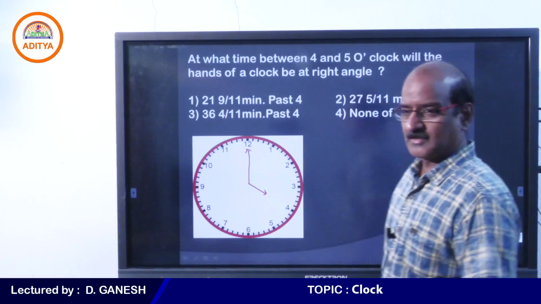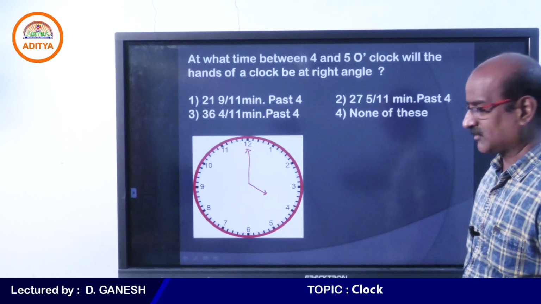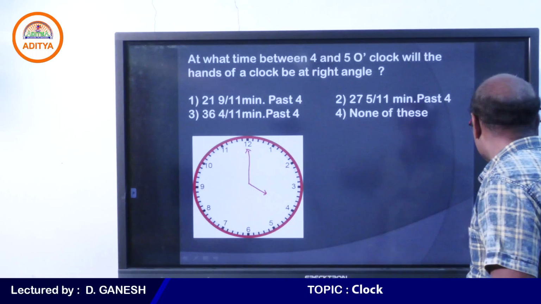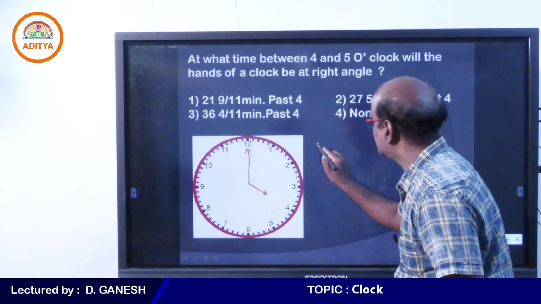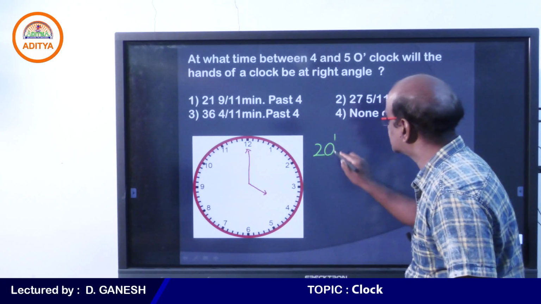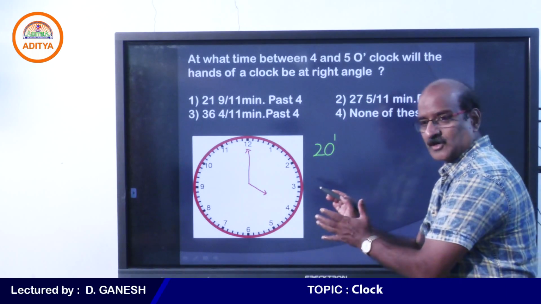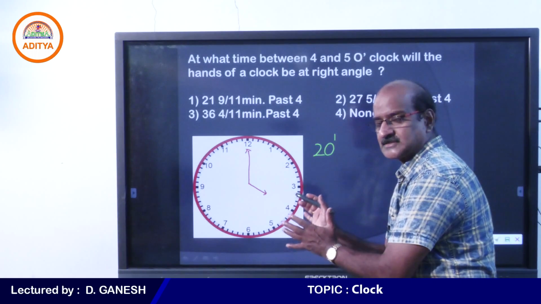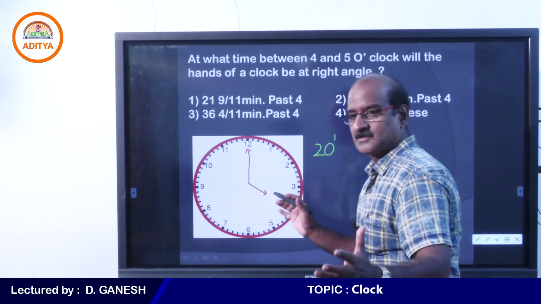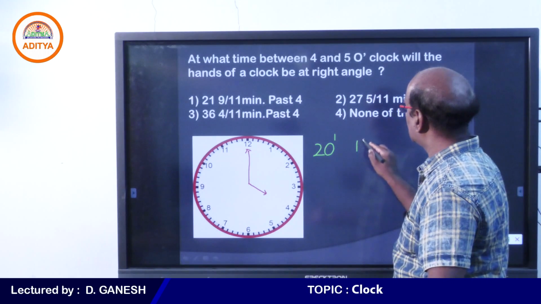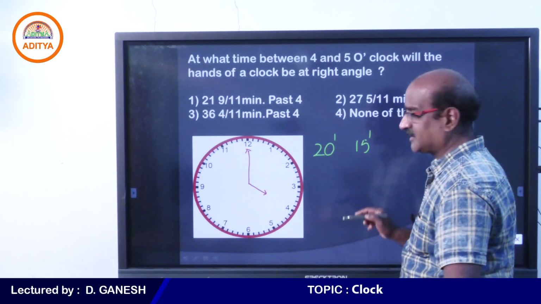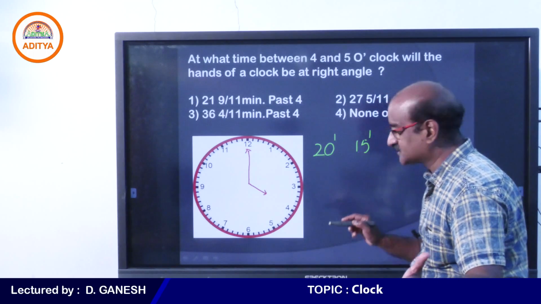Now the gap between the hands is 20 divisions. At 4 o'clock, we can see the hands are separated by 20 divisions. But to be at right angles, we need a gap of only 15 divisions.